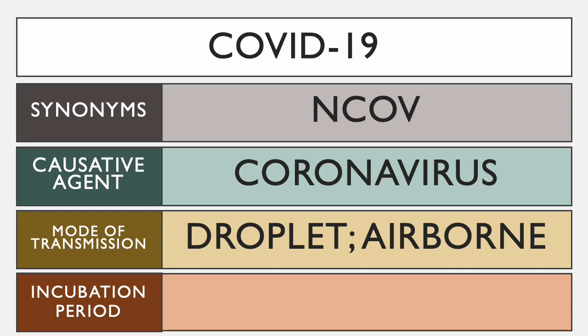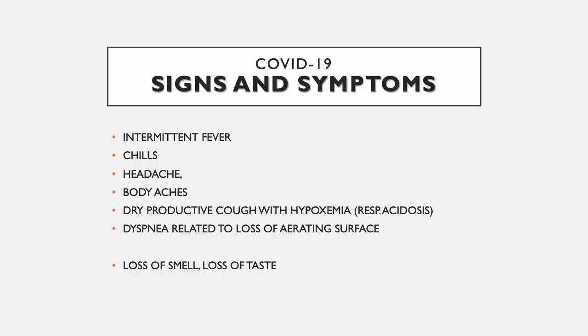Okay, and then, let's have the signs and symptoms of COVID-19. You are all familiar with this. Okay, so mabilisan lang. Of course, you had intermittent fever, chills, headaches, body aches, dry productive cough, then definitely there will be hypoxemia. Kaya isa sa mga tinitingnan natin dito, apart from respiratory rate, is the oxygen saturation rate.